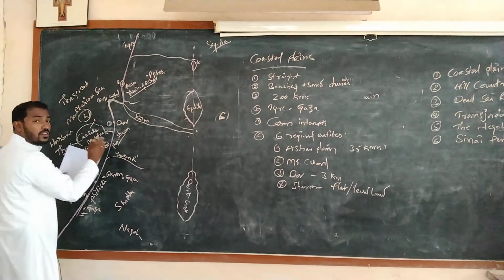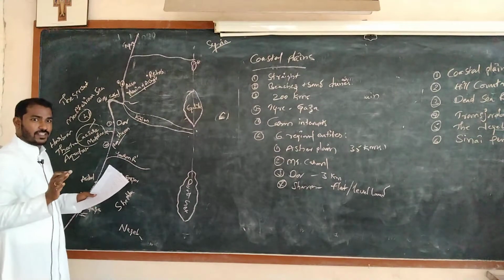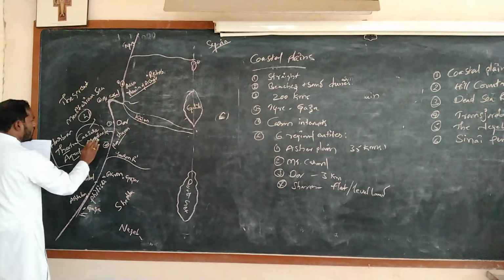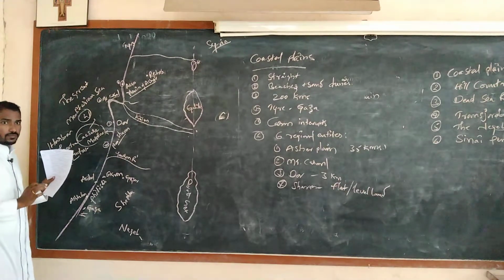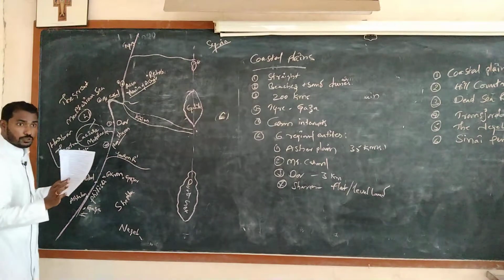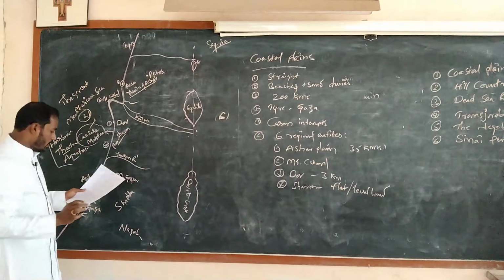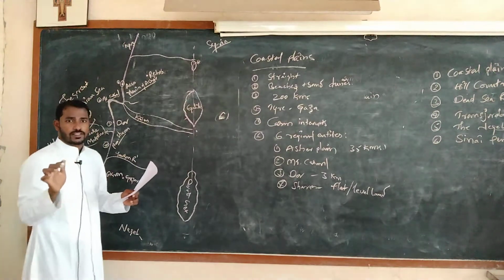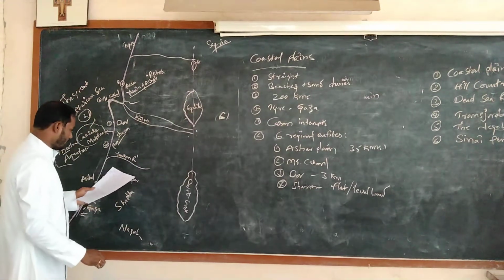Therefore, it was a well-known port area in the coastal plain. Only in this place do we find the theater, aqueduct, and harbor. Therefore, the plains of Sharon had great importance in the coastal plains.